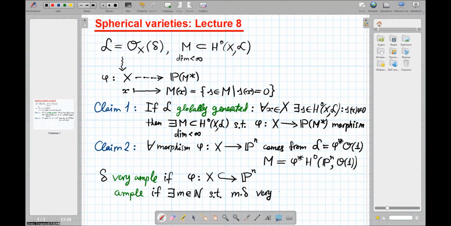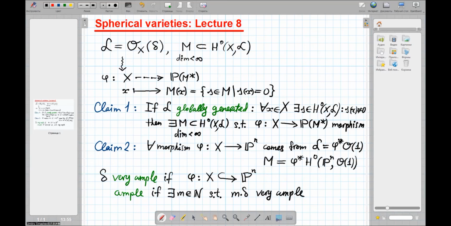Well, I want to ask a question. Yes, please. Different subspaces of the global sections induce different morphisms. So we call the divisor delta very ample if we only need one of the morphisms to be an embedding, right?